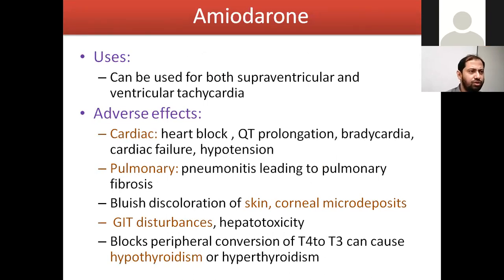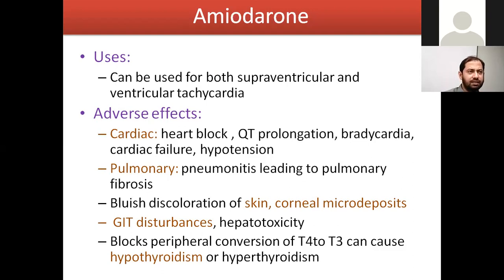Adverse effects include, if you talk about cardiac issues, heart block, QT prolongation, bradycardia, cardiac failure, and hypotension. If we talk about pulmonary side effects, there will be pneumonitis leading to pulmonary fibrosis. There will be blue discoloration of skin, as well as some corneal microdeposits.